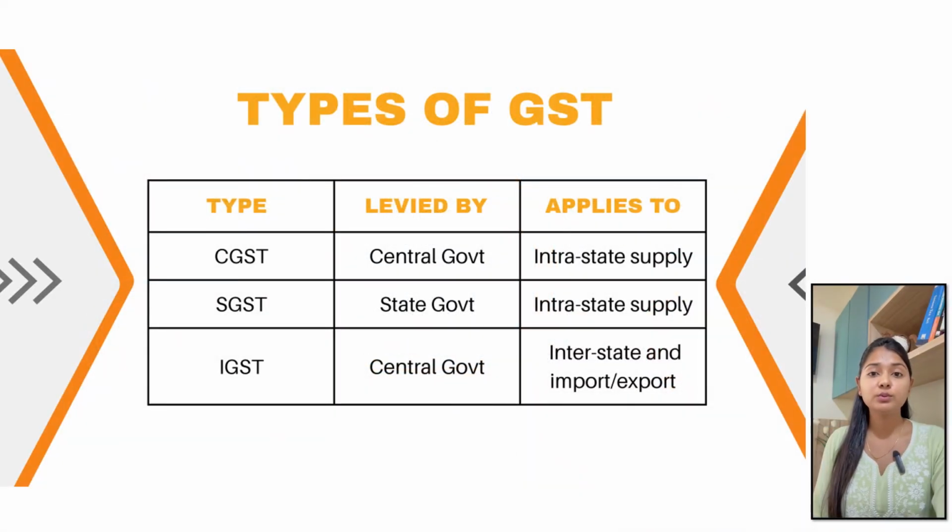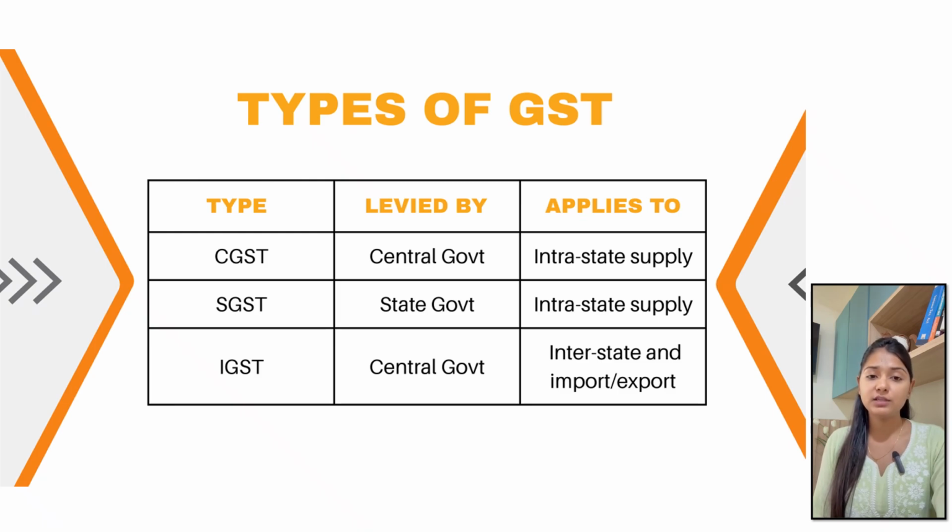Now that we know GST is a unified tax, let's break it down into three key components, each with a specific role. First one is CGST, that is Central Goods and Service Tax, which is levied by the central government and applies to intra-state transactions when goods or services are sold within the same state, and its revenue goes to the center.